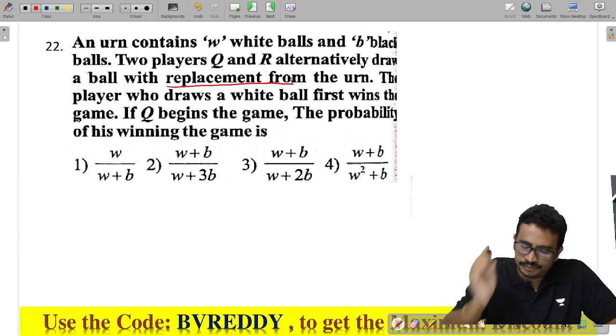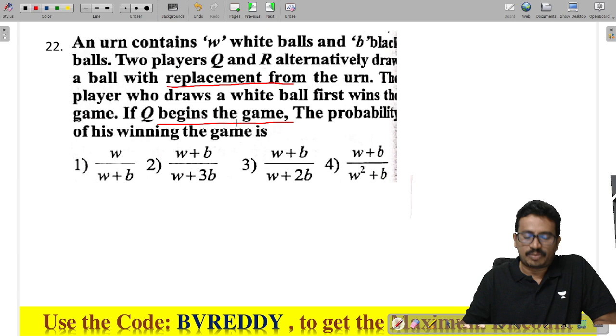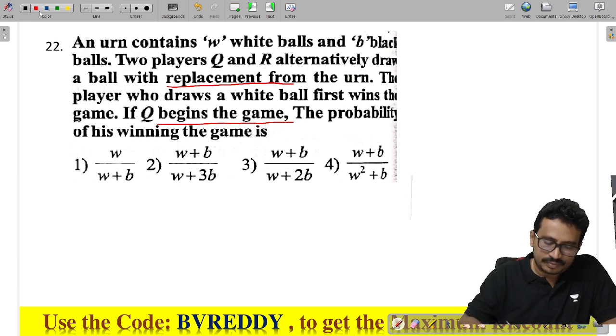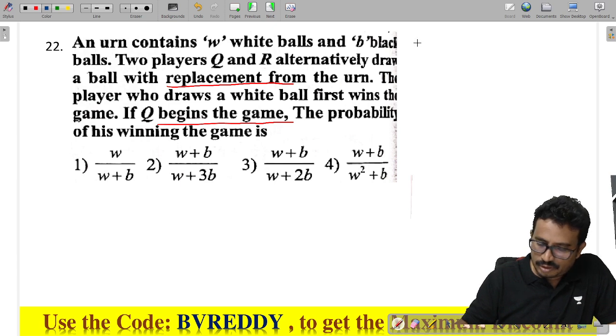If Q begins the game, find the probability of Q's winning.